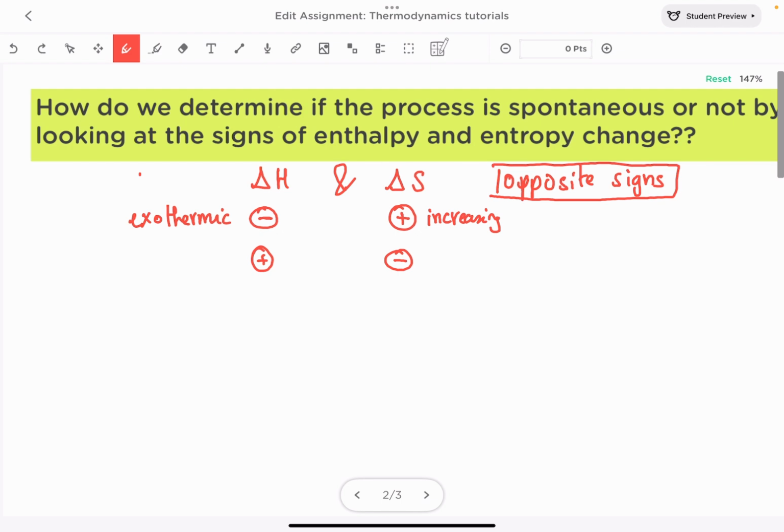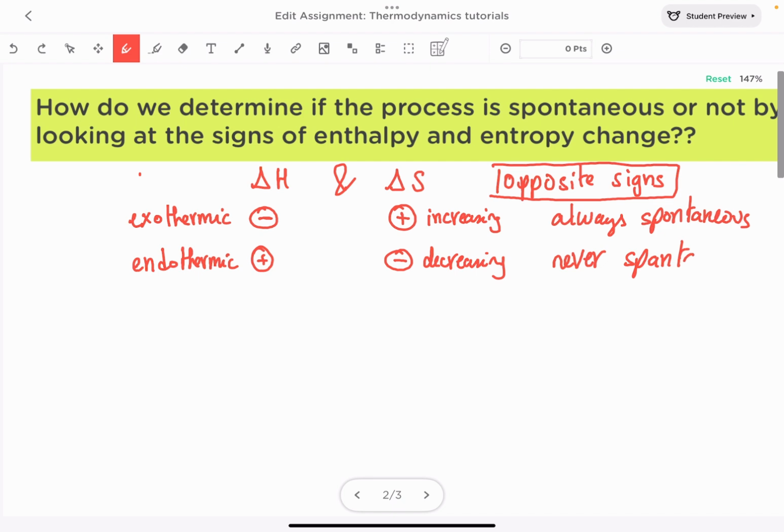At this point, the system is always spontaneous, no matter what. Always spontaneous. Now, if the enthalpy is positive, it means that the system is endothermic with a decreasing entropy. The system is never spontaneous.